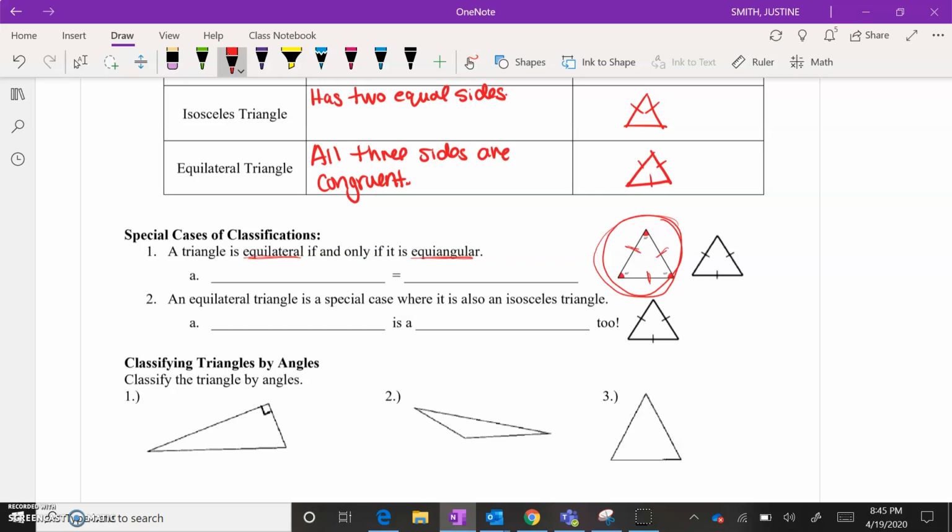Okay, so if I have an equal angular, it's also going to be equilateral. Okay, and then an equilateral triangle is a special case where it's also an isosceles triangle, because an isosceles has two sides equal, and an equilateral has all three sides that are congruent. So if it's equilateral, you can also classify it as isosceles.